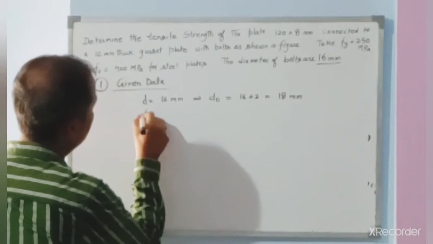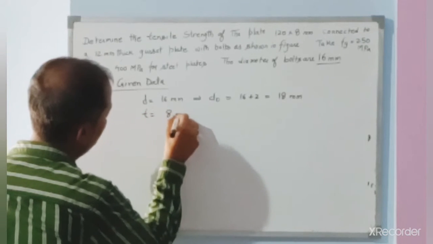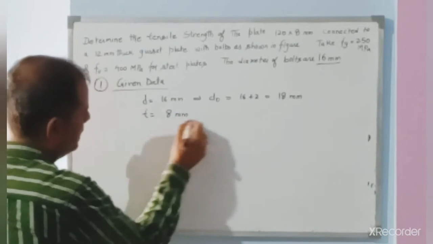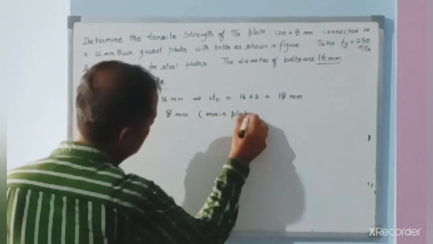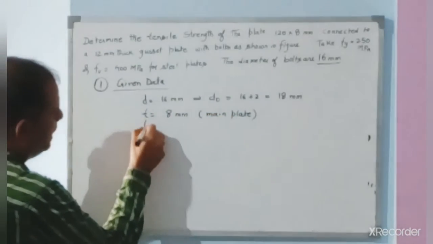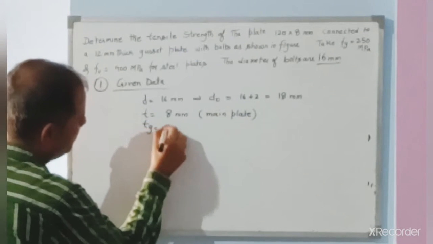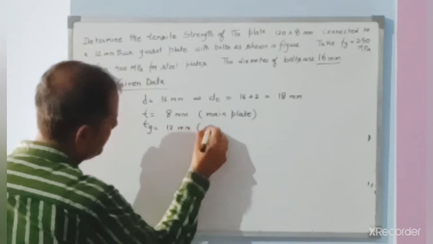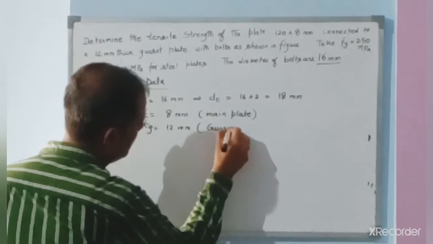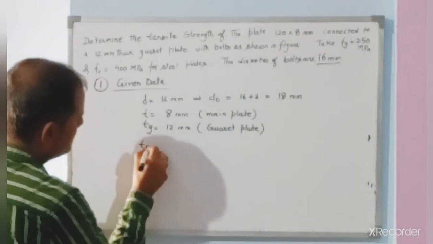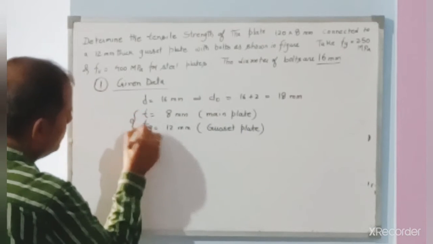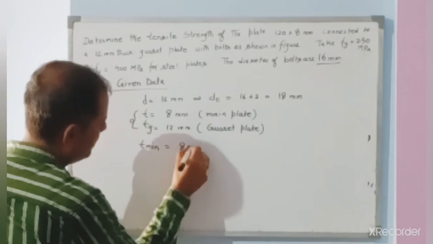What is the thickness of the plates? One is 8 mm, that is the main plate, and the thickness of the gusset plate is 12 mm. So the minimum thickness out of the two plates is 8 mm.